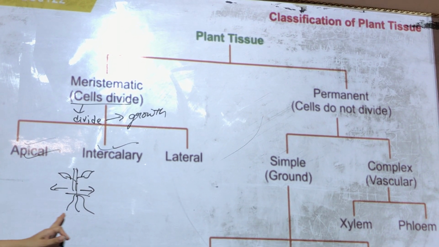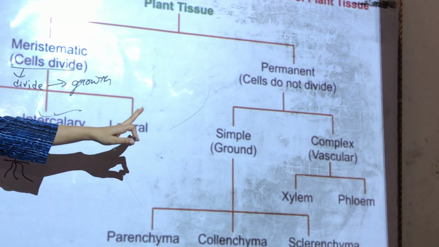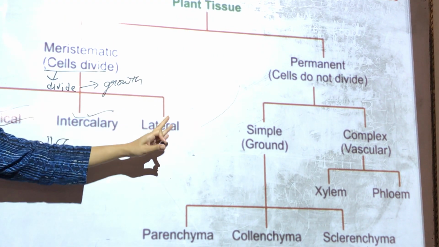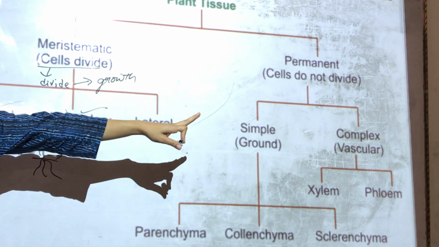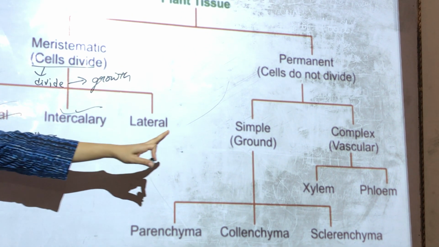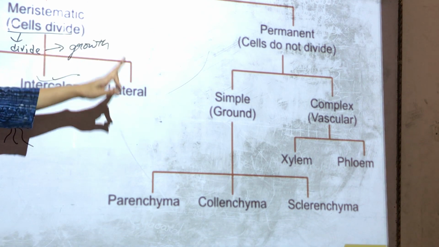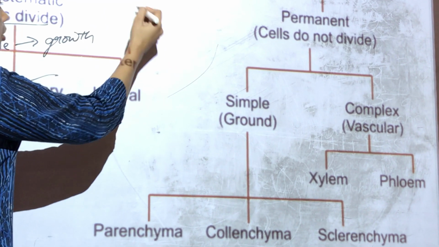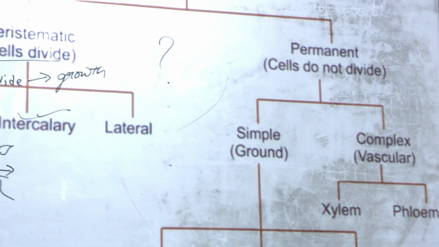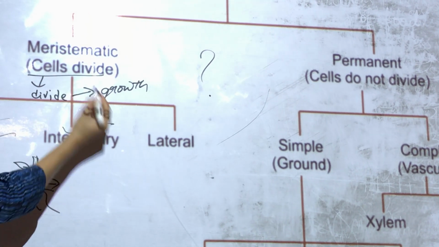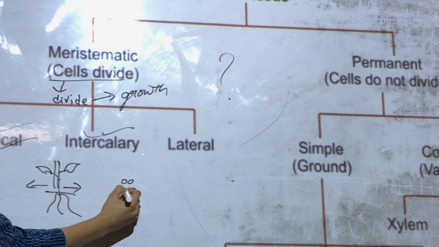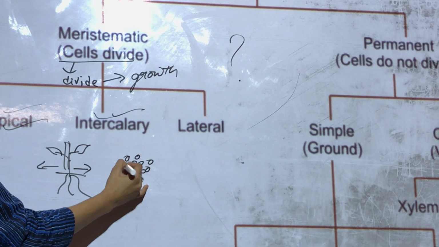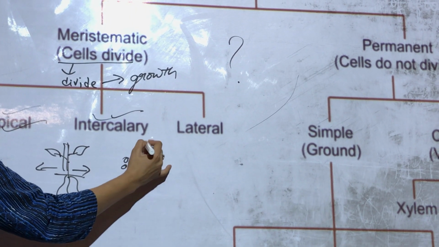In today's class, we are going to discuss permanent tissues. If you remember children, permanent tissues are divided into simple permanent tissues and complex permanent tissues. Now before we go into the simple permanent tissue, let's see how permanent tissue are different from meristematic tissue. Meristematic tissues are generally growing cells. They are very active.